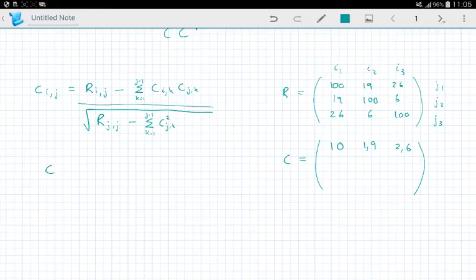Now we want to go 1, 2. So C12 is going to be equal to R12 minus, we are going to have a value here. Now C11 and C21.